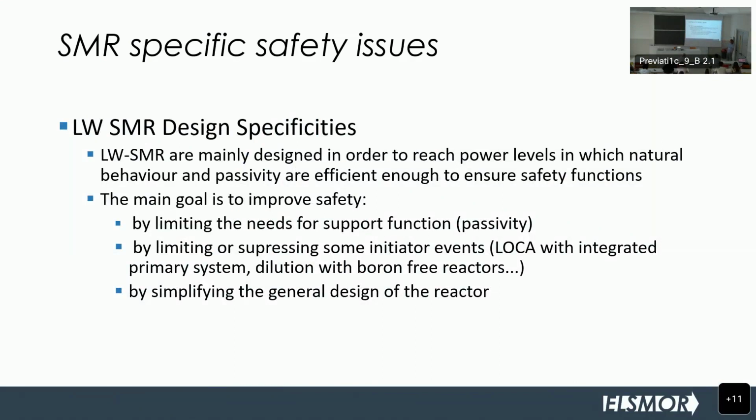And the idea here is to use this to improve safety by limiting the needs for support functions for different kinds of active components, suppressing or even eliminating some potential accident modes. If you don't have boron in your core, you don't have a boron dilution accident, for instance. And basically having the reactor somewhat simplified.